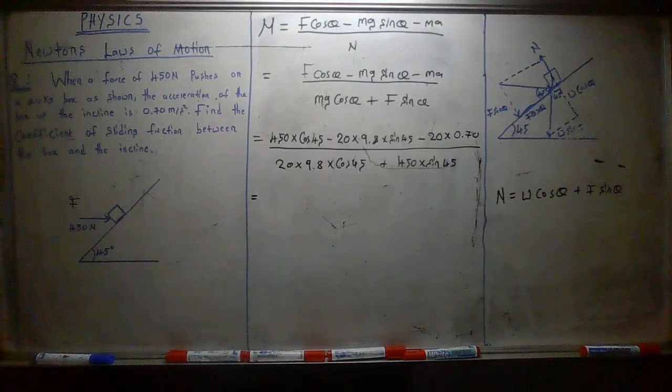So in this case we can just punch everything on top. So punching everything, 450 by cos 45 minus 20 by 9.8 by sin 45 minus 20 by 0.70.